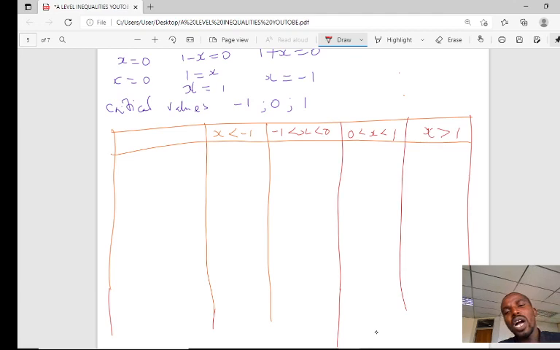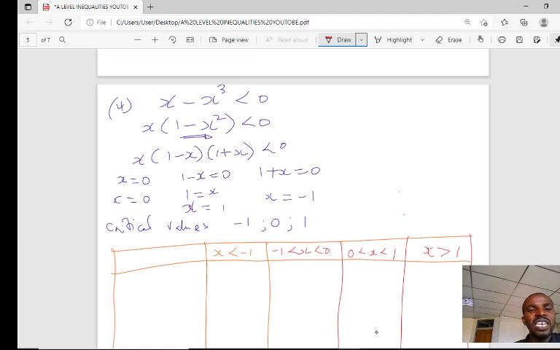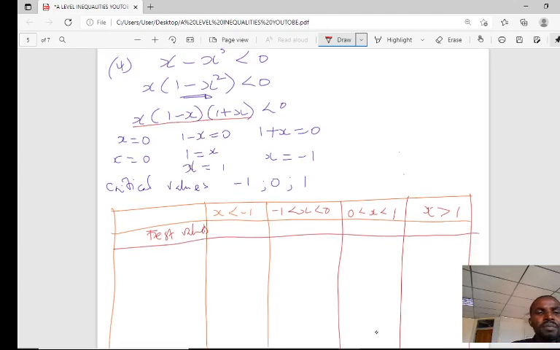Right, so let's move on right away. You take our factors. Our factors we have here, these are the factors. So first we have x. Let me put test values here. Let me put a row of test values first. I think that will be better.